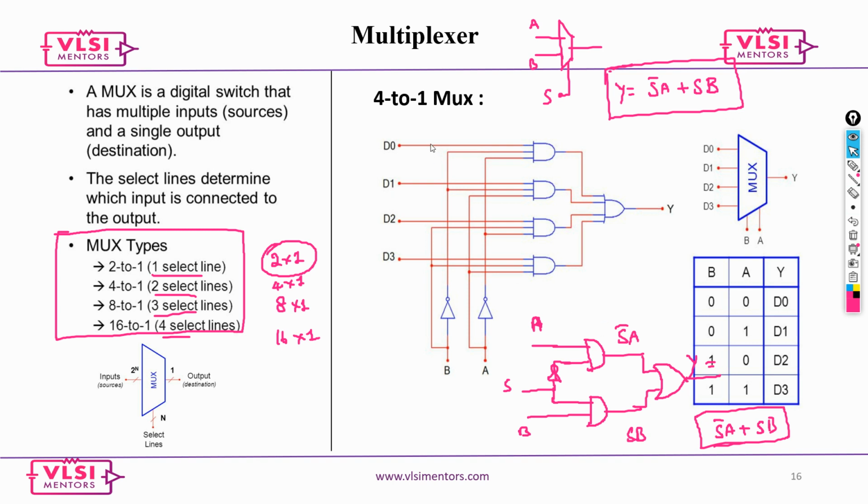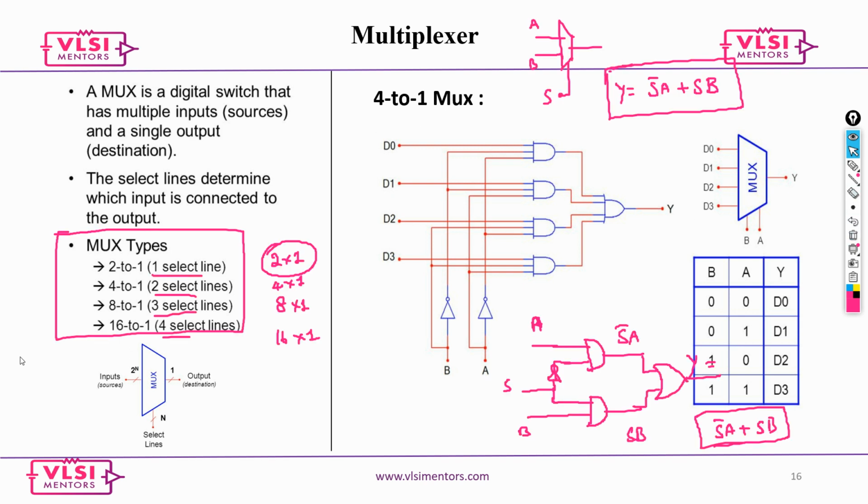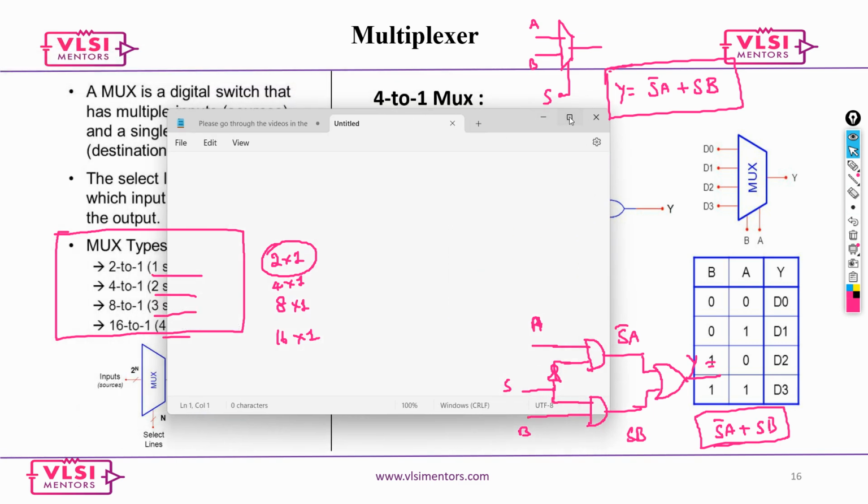Now let's talk about this 4 cross 1 mux. How is it going to be? What would be the equation? Can someone try figuring it out? 4 cross 1 mux.